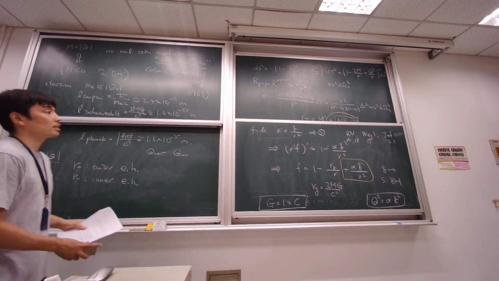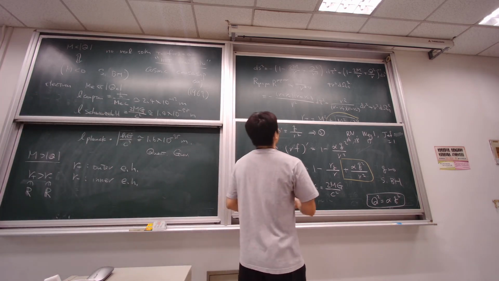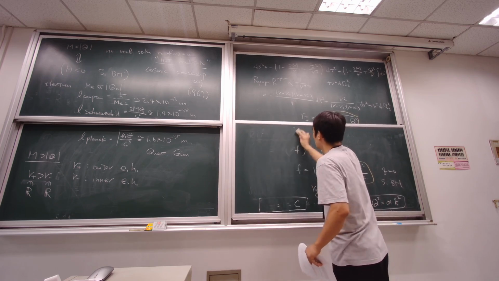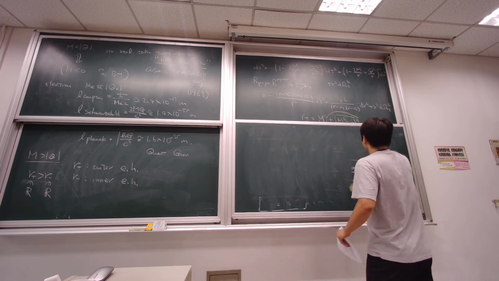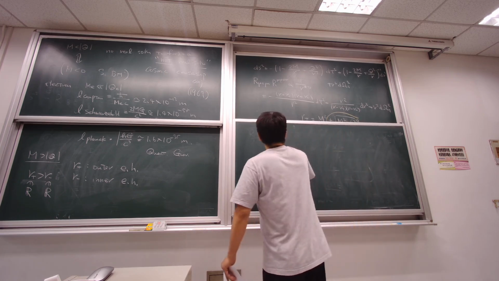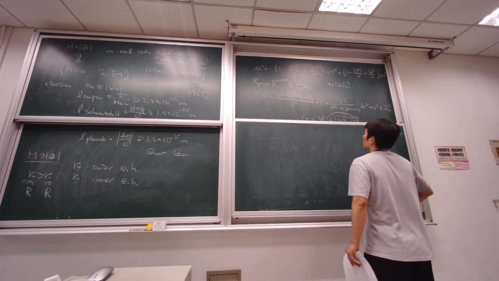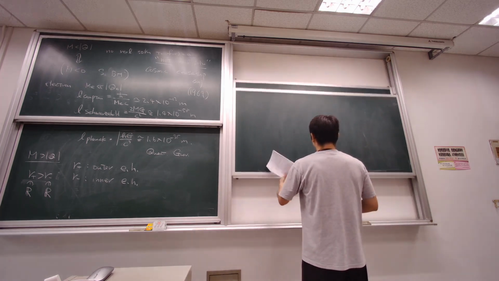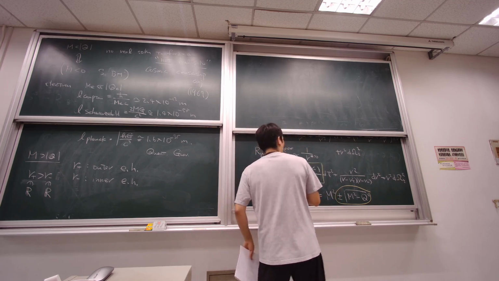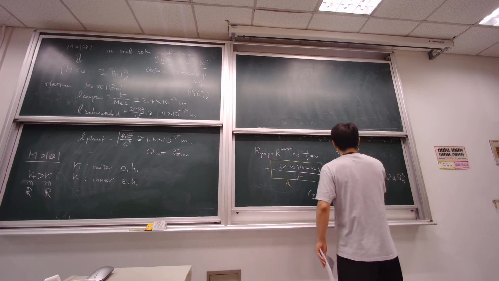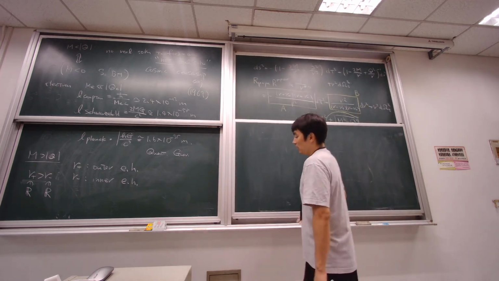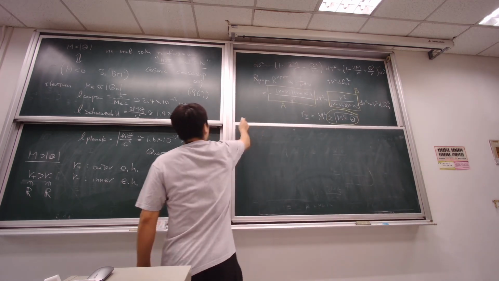So let's take a look at the causal structure. Before erasing this one, as you can easily see, I call this part A, and this part is equal to B. And let's do the naive analysis.